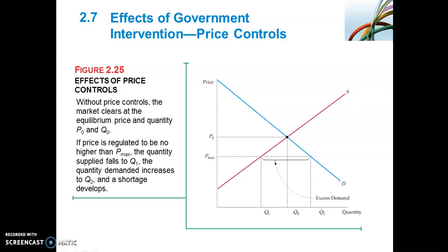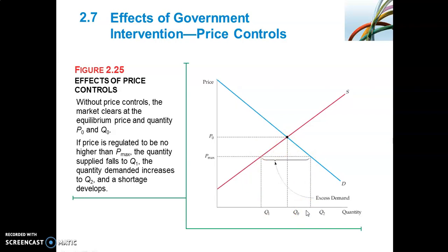If government decides that the price P0 is too high, it can regulate the price to be no higher than P max, a maximum price or price ceiling. As a result, the quantity supplied will fall to Q1 and consumers will demand more, and the quantity demanded will increase to Q2.